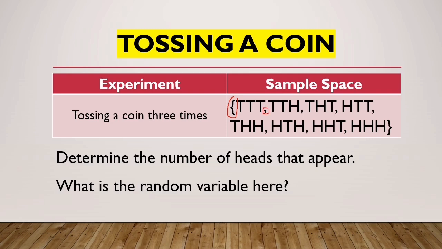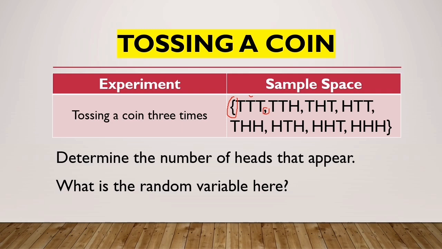So in the sample space, when you toss a coin 3 times, the possible outcomes that would appear are: 3 tails, 2 tails and 1 head, tail, head, tail, tail, 2 heads, head, tail, head, tail, and the last is 3 heads.